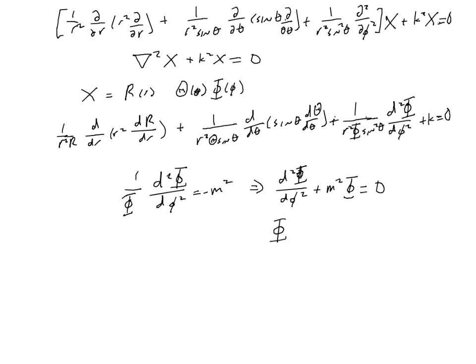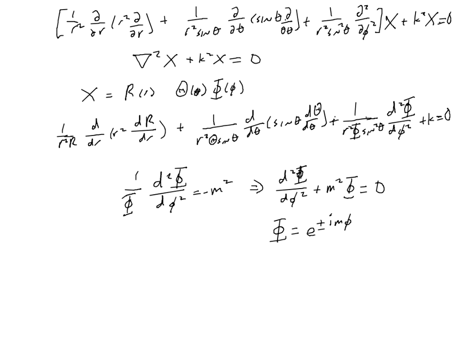And the solution to that is just going to be Phi equals e to the plus or minus i m phi. Simple solution. And because this is a solution, we can replace this part here with just m.